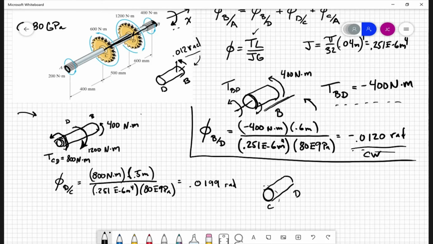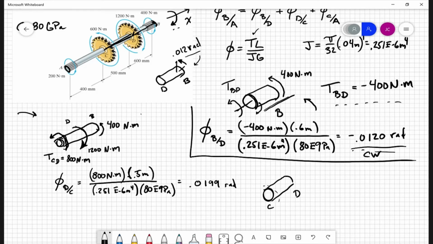And the reason is, just like with axial problems, we want to draw the internal torque vector so it points outward normal to the cut. So my thumb would be the torque vector, and the way that it acts would be the curl of my right hand fingers. That's in the same direction as the 800 Newton meter torque, okay? So this is a positive internal torque.